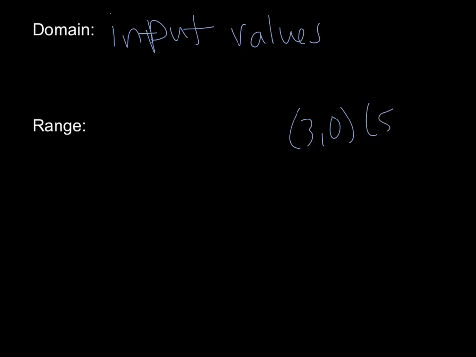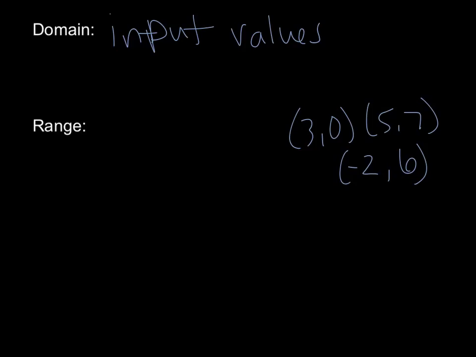All right, so there are a couple components to our input and output values, and they are called the domain and the range. The domain is the set of input values. Okay, so if we were to consider this relation, that's a relation because there is a set of ordered pairs.